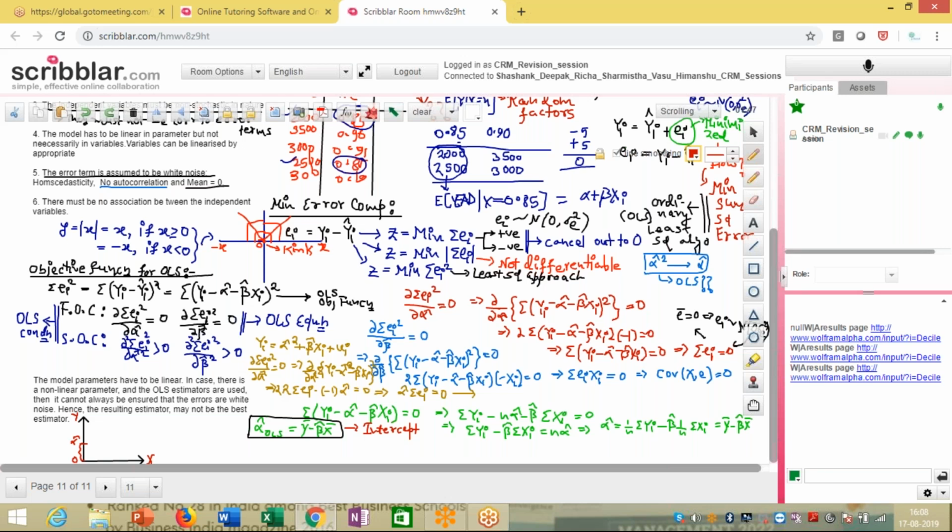Clear? So the way the functional form of alpha hat comes in, you can see that it explains what the intercept is. The intercept is, when x is 0, what is the value of y? That is the average value of the dependent variable which is not explained by the average behavior in the x. So x bar also explains some part of it. Y bar minus beta hat x bar is your alpha hat. Clear?